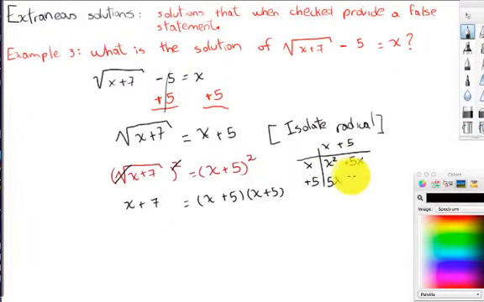And 5 times 5 is 25. So here we have x plus 7 equals x squared. We're going to add these two over here, and we should get 10x plus 25.